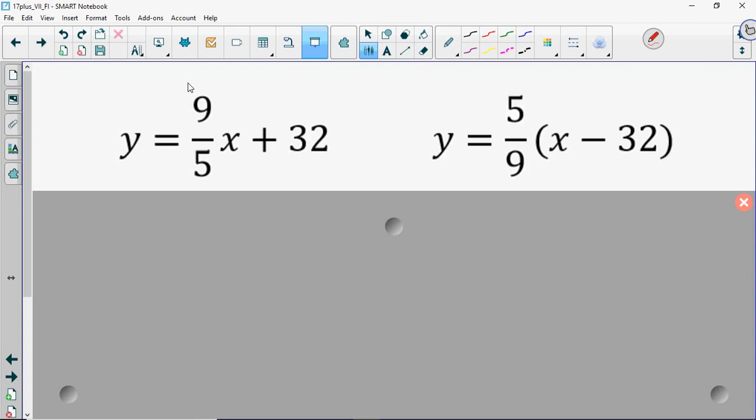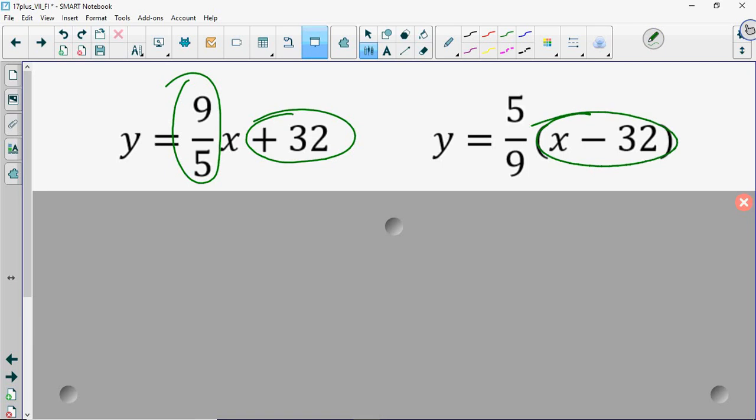So in the equation on the left, the first thing that happens is we are multiplying by 9/5, and the second thing that happens is we are adding 32. In the equation on the right, the first thing that happens is we're subtracting 32, and then we multiply by 5/9, or perhaps we should say that we divide by 9/5.